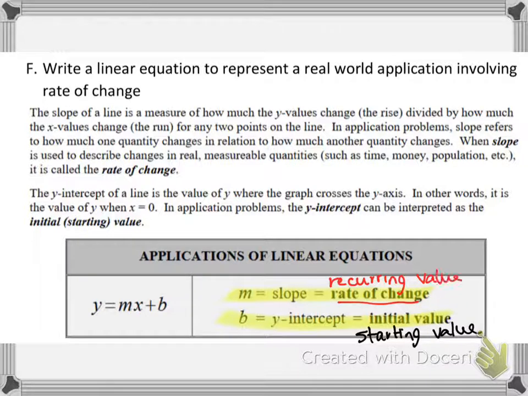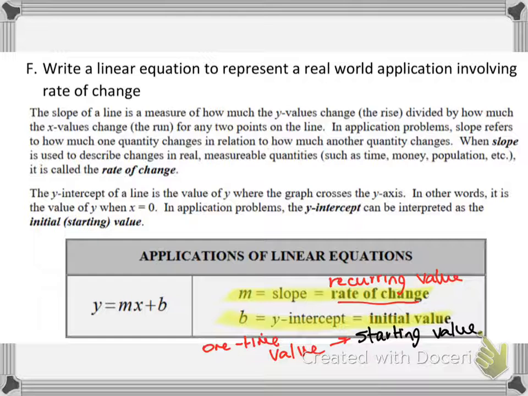When we get to a specific example, I'll explain exactly what that means. And then the starting value is usually a one-time value. Please write that down in your notes, even if it doesn't exactly make sense right now. When we go through these problems, hopefully it'll make more sense.